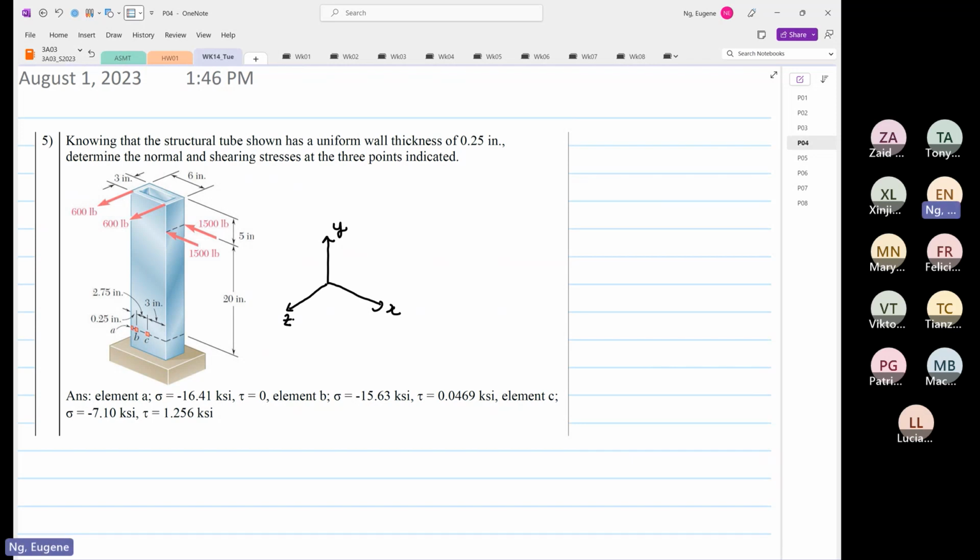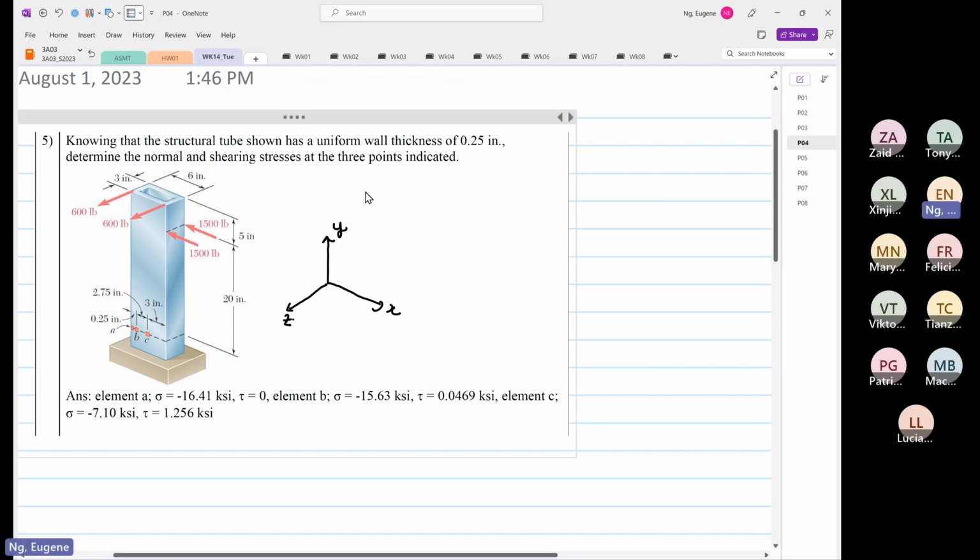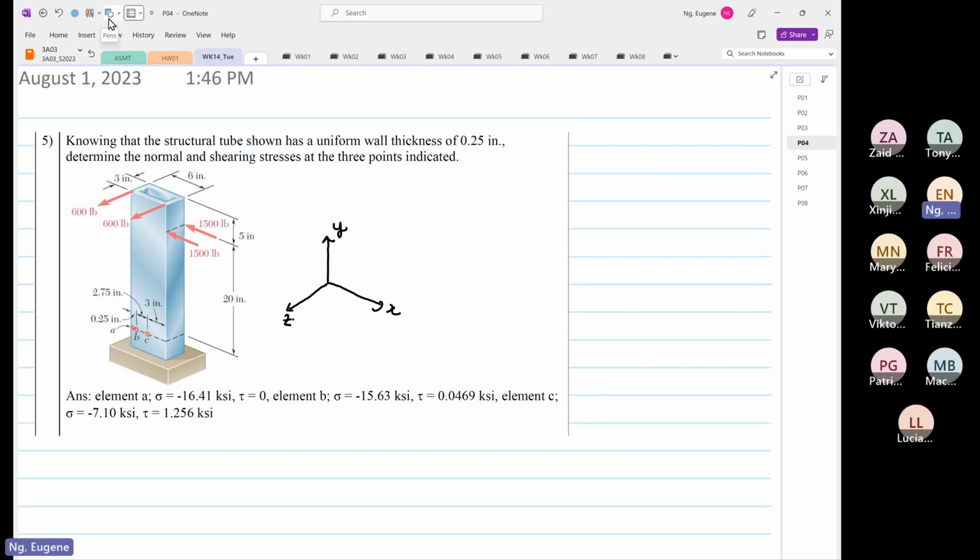From here, we know that the centroid relative to the element is this. This green line is the centroid for the elements. So we know that the normal stress we are going to find is in the stress Y direction.